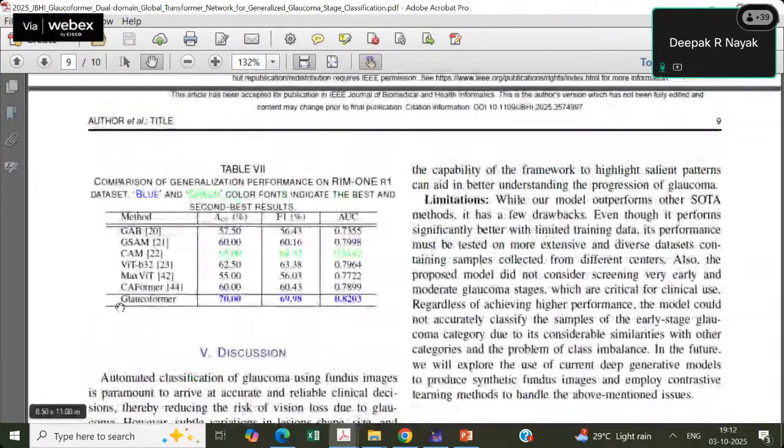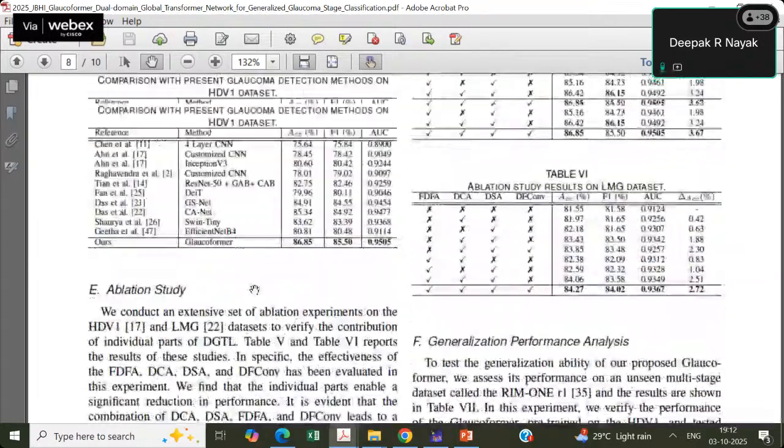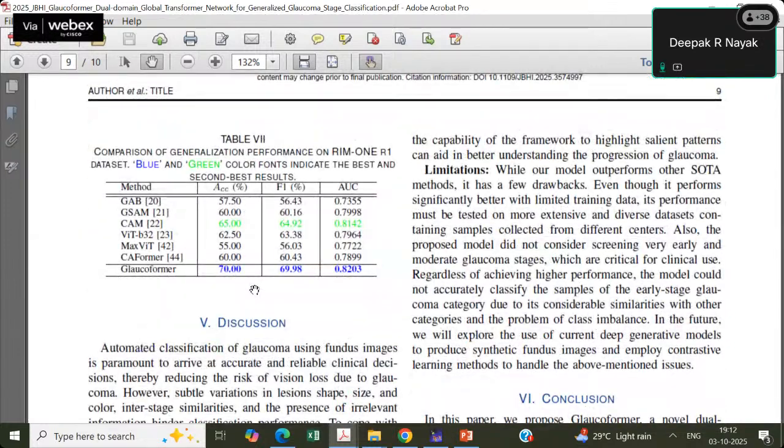So now, when it is applied on an unseen dataset, a new dataset collected from different demographic regions using different imaging devices, the accuracy suddenly drops from 86 to 70. There could be multiple reasons why the accuracy dropped, and of course this is the future goal: how to improve the generalization performance of a model.